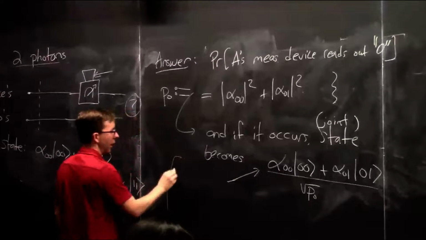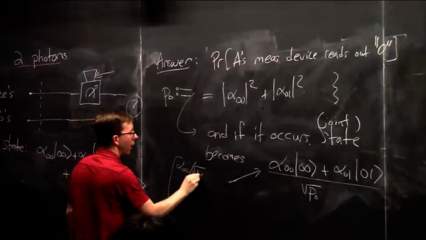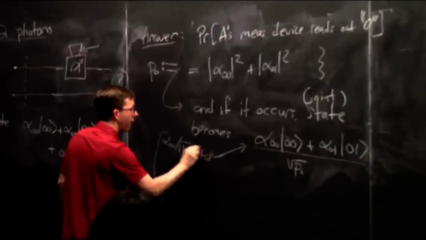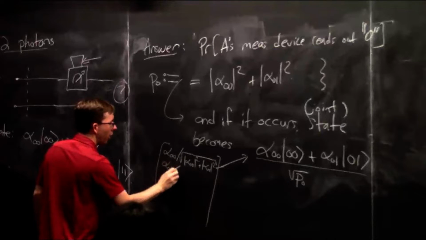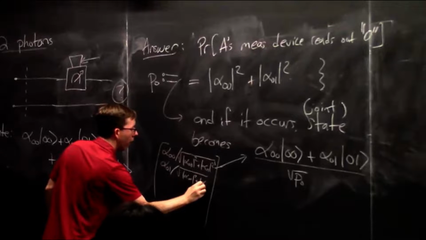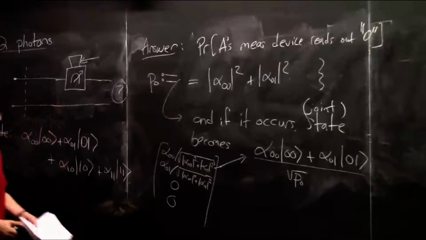This state can also be written like this: alpha 0,0 over the root of alpha 0,0 squared plus alpha 0,1 squared. That's the first coordinate of the vector. The second coordinate is alpha 0,1 over the same thing. And then the third coordinate is 0, and the fourth coordinate is 0.